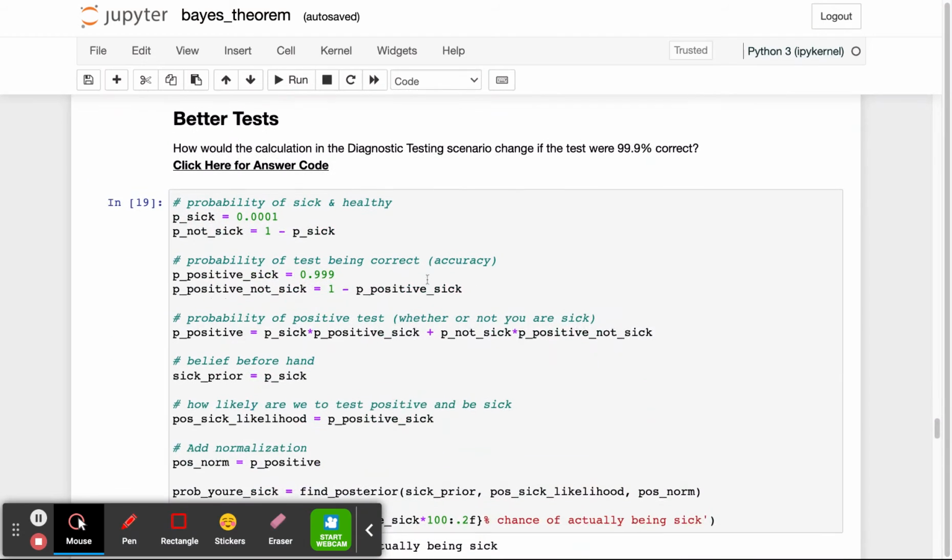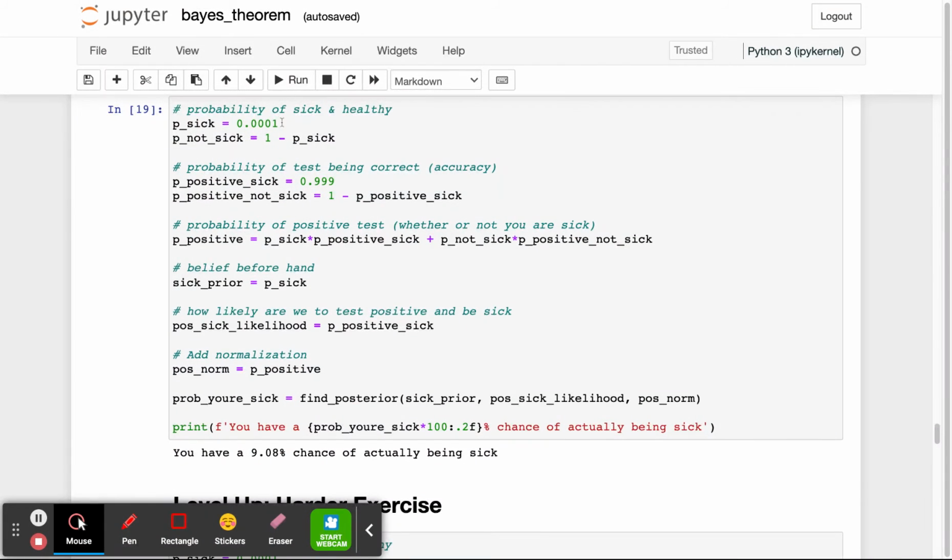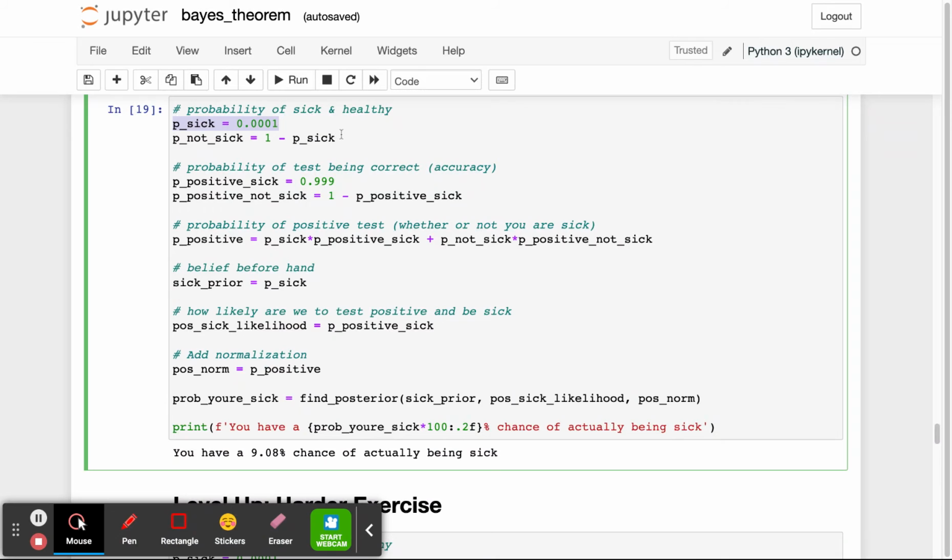So if we were to now, instead of having a different disease prevalence, we have a different test accuracy. And so the test is now 99.9% correct, whether you have the disease or not. And so here we have our probability of being sick.